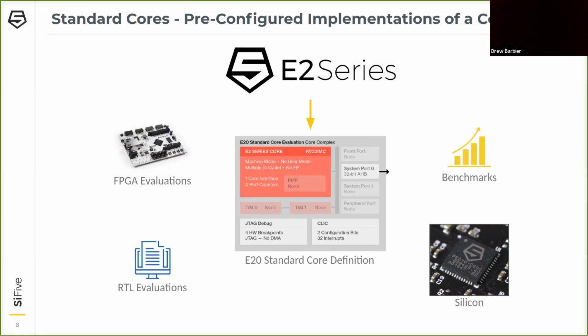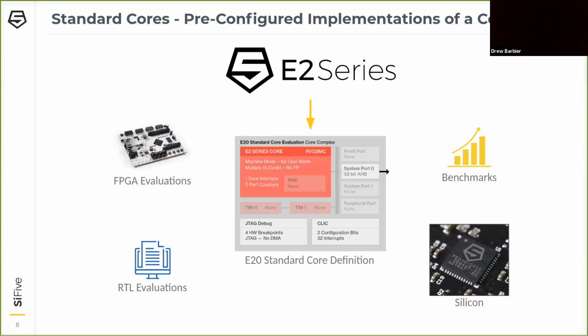With the standard core, we take this all the way through a back-end flow. And from that, we can get power, performance, and area benchmarks. And oftentimes, we also realize these devices in silicon. So this is what you see on our development boards. And I'm happy to say we have realized the 2 series in silicon twice now.